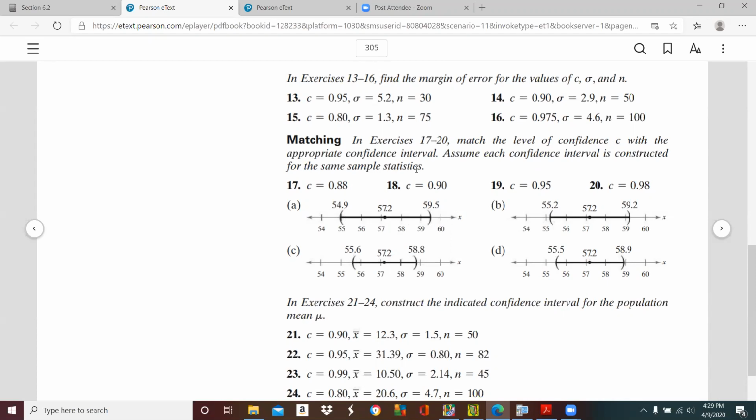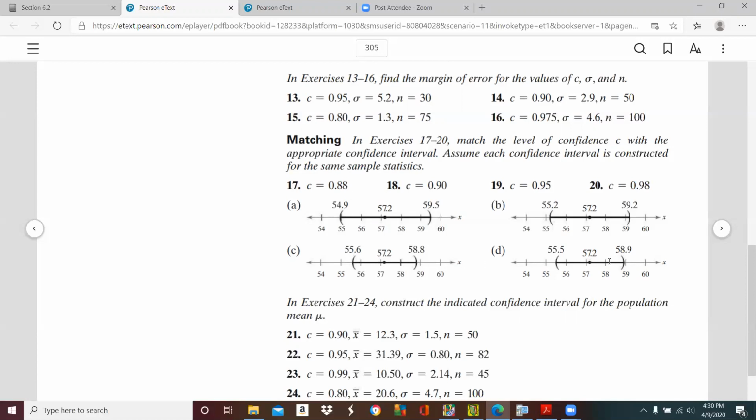So as the level of confidence increases, the interval becomes wider. So since this is the smallest level of confidence, it must be the most narrow of the four. And which one did we choose? C. So this interval C corresponds to the 88% level of confidence.